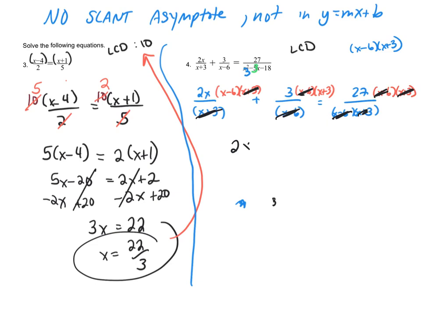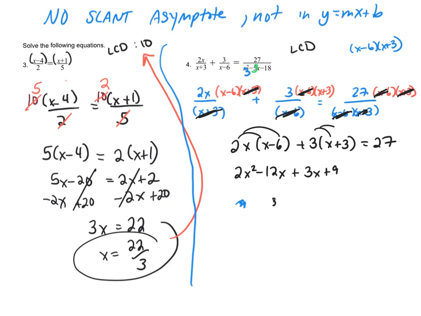So where we're at is we have 2x times x minus 6 plus 3 times x plus 3 equals 27. So once I cancel out all the denominators, that's what's left. So obviously I have a couple distributions. So 2x squared minus 12x plus 3x plus 9, doing another distribution, equals 27.